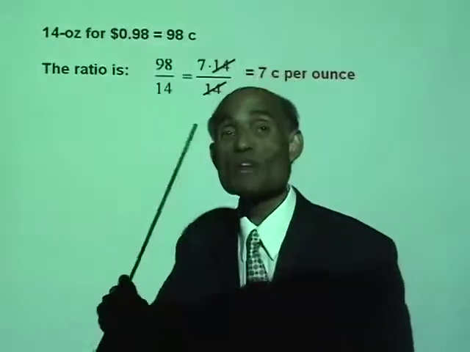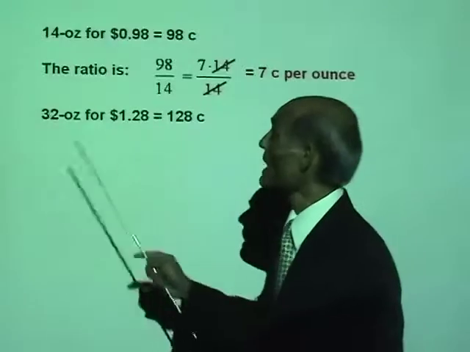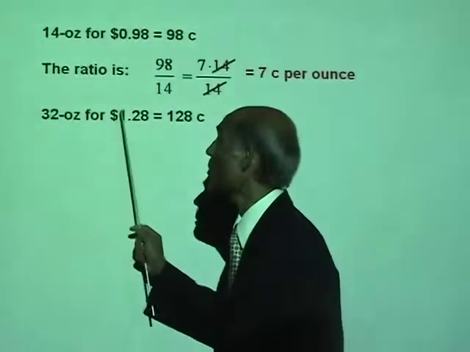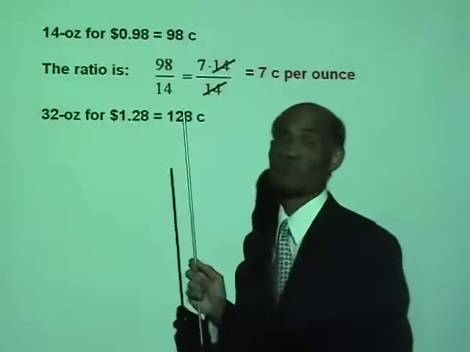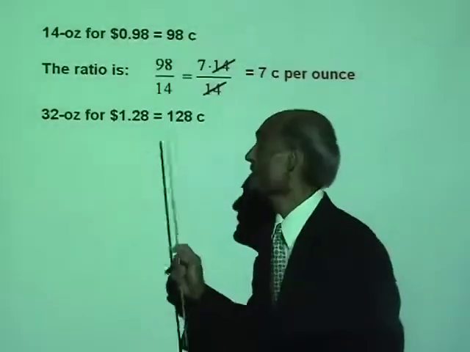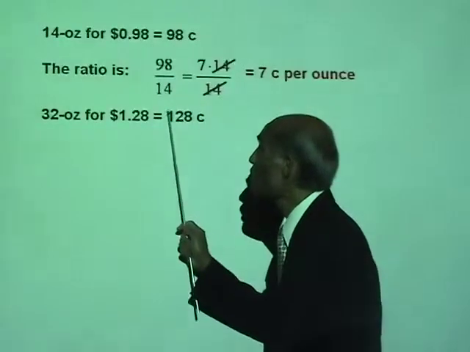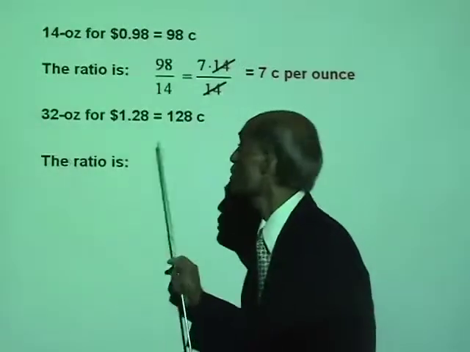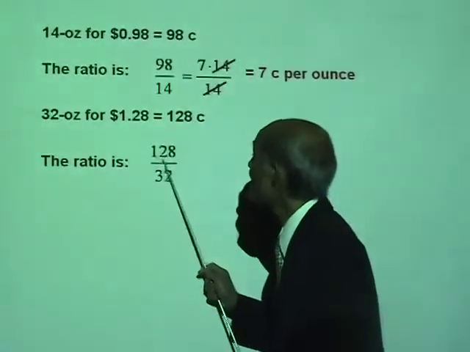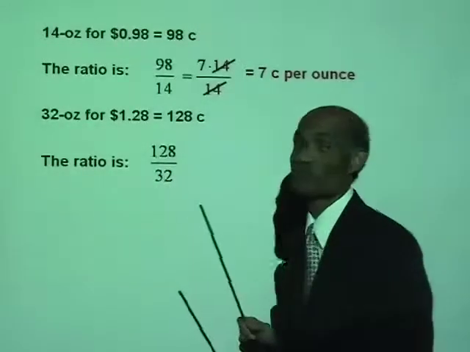Alright, we go and do the same ratio for the second. The second one is 32 ounce for 128 cents. Okay, let's take the ratio. What's the ratio we take? We take the ratio of cents to ounce. The ratio is 128 cents to 32 ounce.